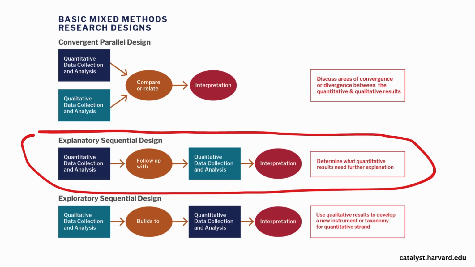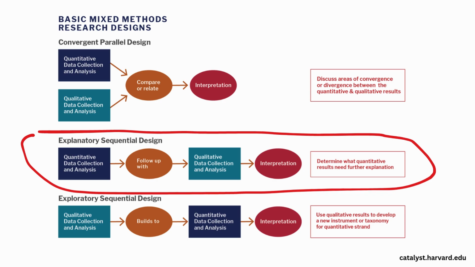In explanatory sequential design, you start with collecting and analyzing quantitative data first. This initial phase provides you with numerical results that give a broad overview of your research question. After you have those quantitative findings, you then move on to qualitative data collection. This next step is designed to explore and provide deeper context to the initial quantitative results.